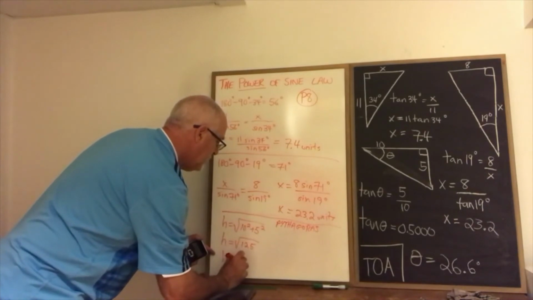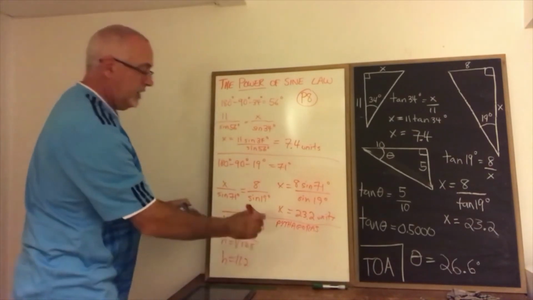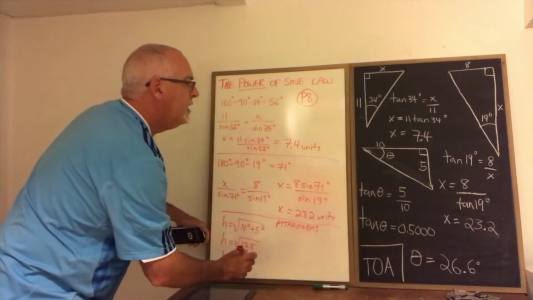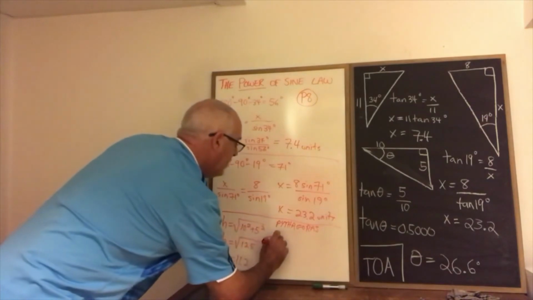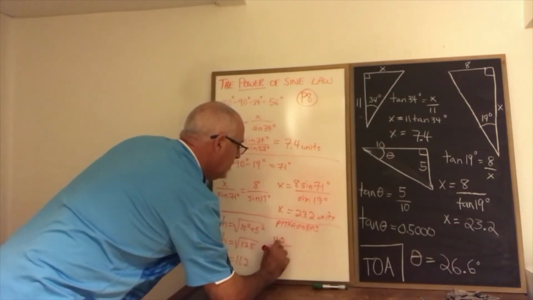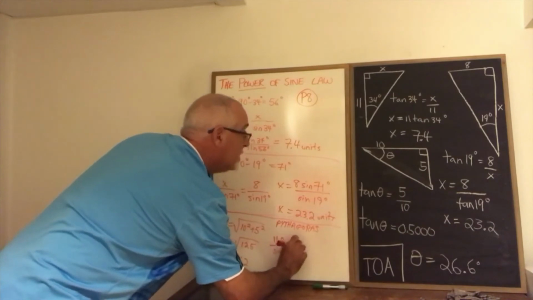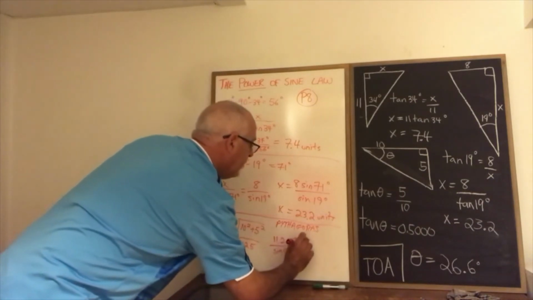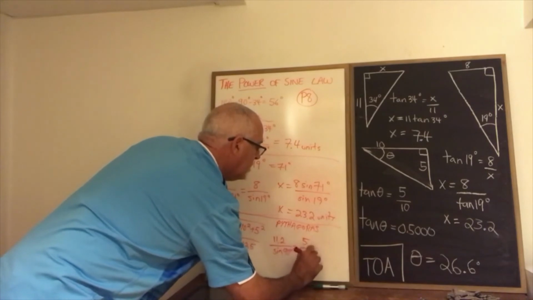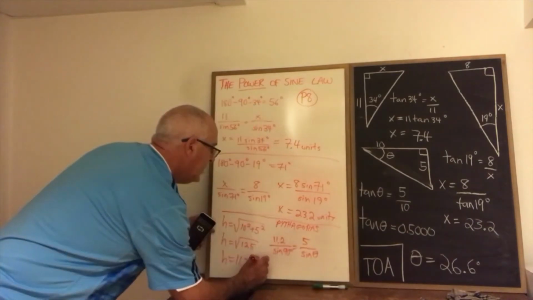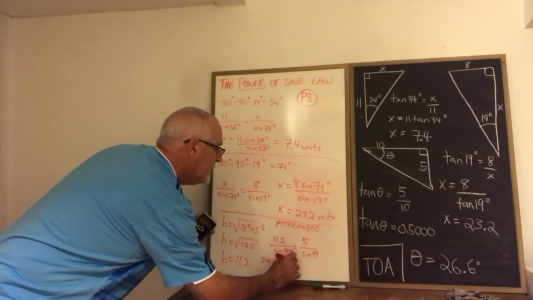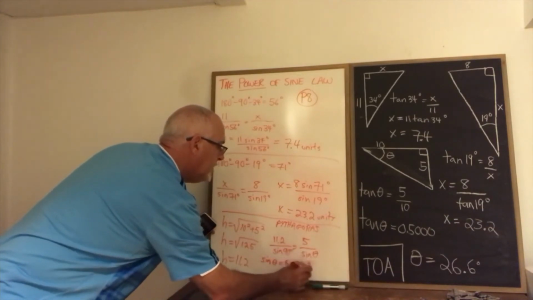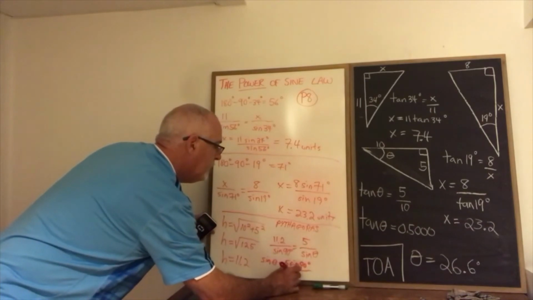That's 11.2, and now I can do my sine law, although I'm running out of space. This time I'm using the sine of 90. 11.2 over sine of 90 is equal to 5 over the sine of unknown angle theta. Sine theta is equal to 5 times the sine of 90, which of course is 5 times 1, divided by 11.2.